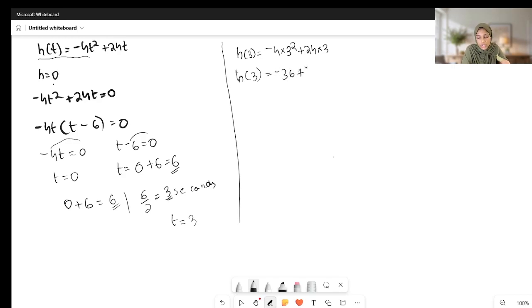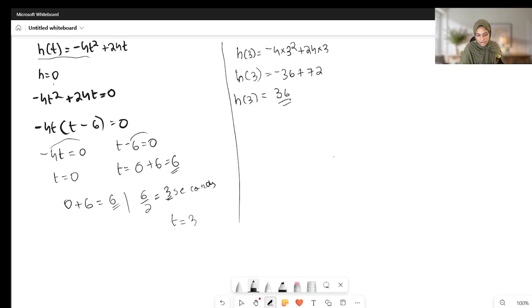Plus 24 into 3 is 72. So h(3) is equal to minus 36 plus 72, which is 36. So we got 36 as its maximum height.